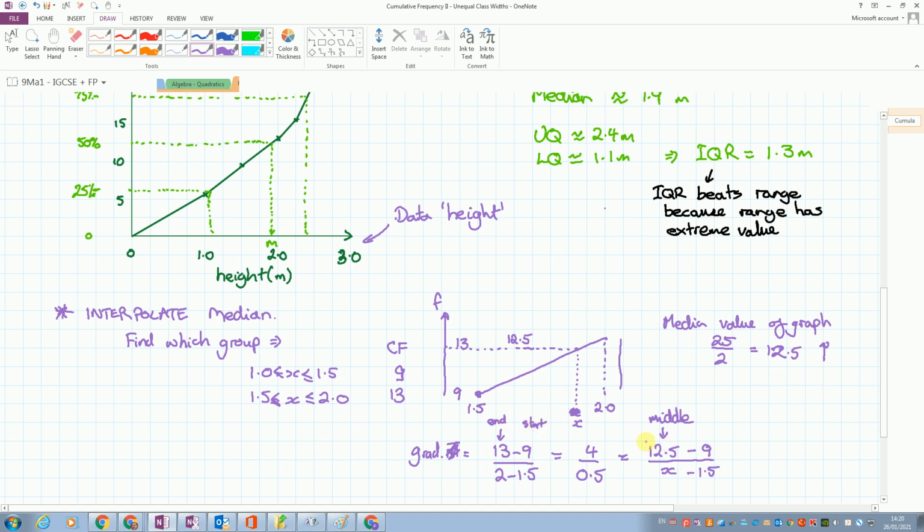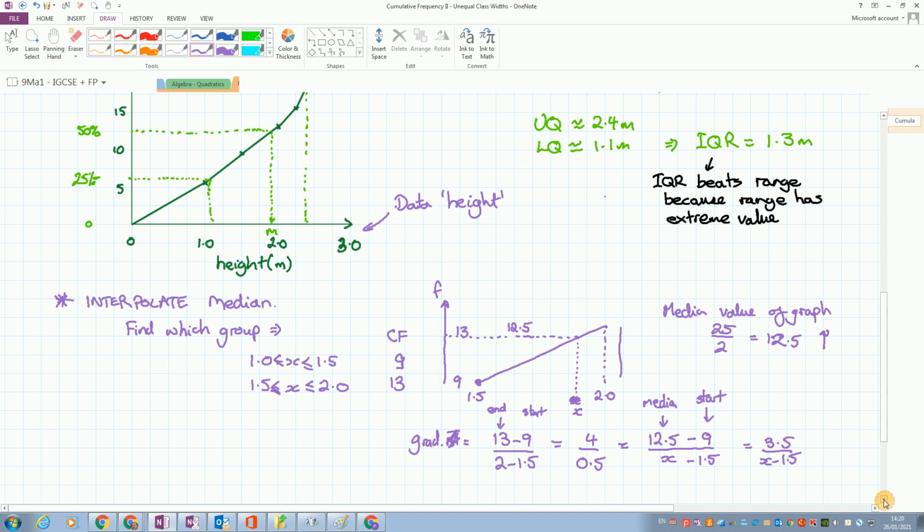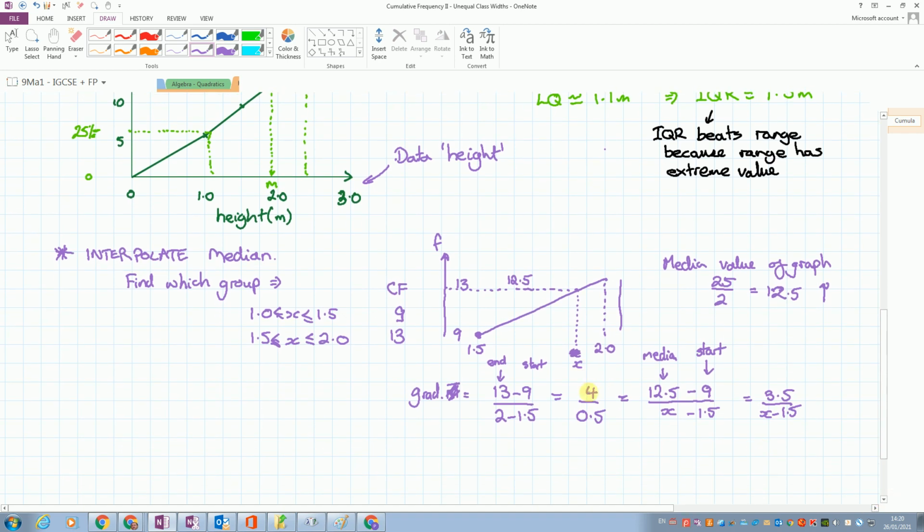And this is the midpoint, or the median value. Let's rewrite that and put median on properly. My median, and again compared to the start. So I now have an equation where I've got 3.5 over x minus 1.5. These two sides must be equal.